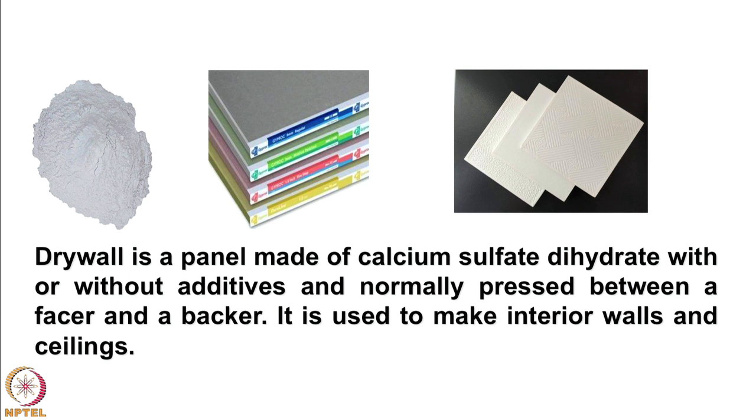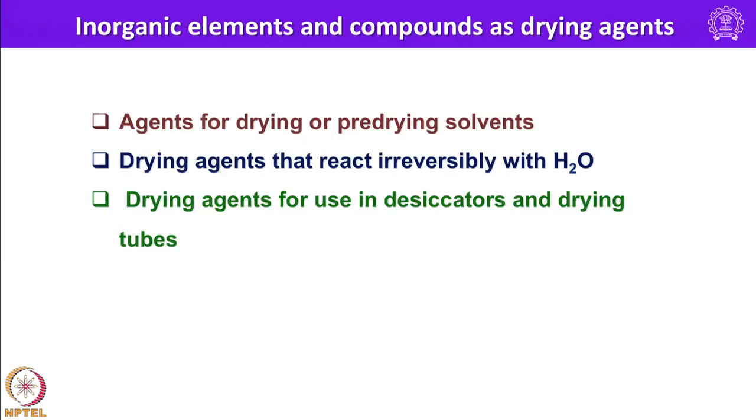And of course, besides this, many of these group 2 elements and their compounds are used as agents for drying or pre-drying organic solvents, drying agents that react irreversibly with water, and drying agents for use in desiccators and drying tubes.